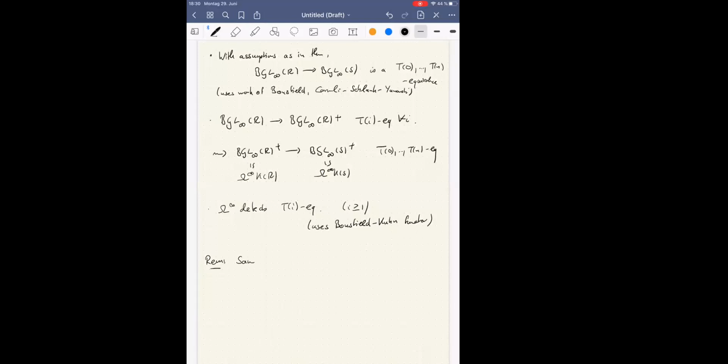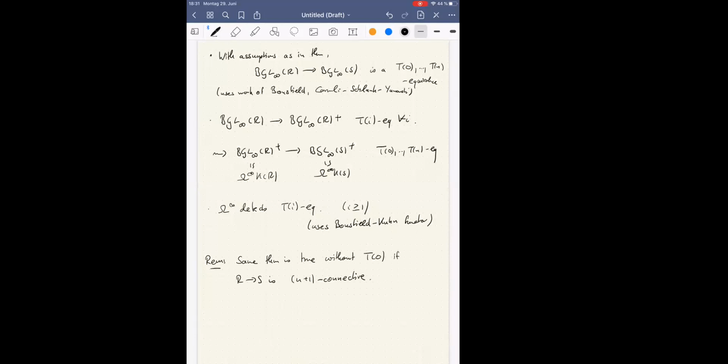And I want to remark that the same theorem is true without T0 if R to S is n plus 1 connective.